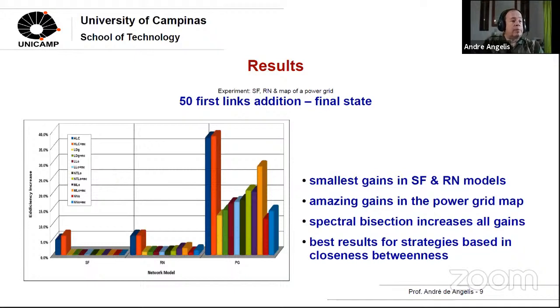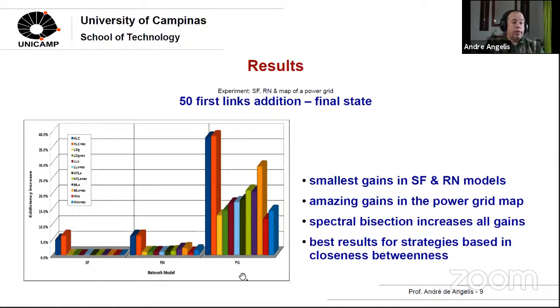Our results. We performed experiments with the abstract models and the power grid map. We added the first 50 links in each experiment, and in this chart, we see the final state. The smallest gains were in the abstract models, scale-free and random.